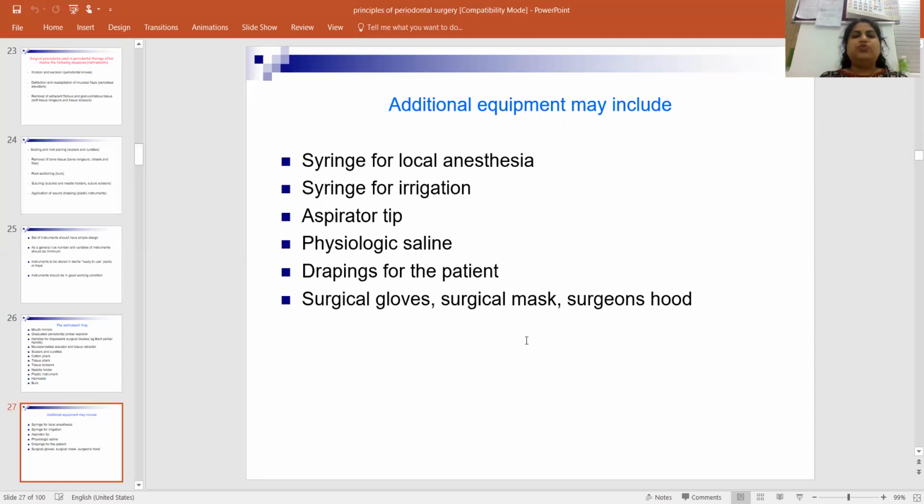Additional equipment may include syringe for local anesthesia, syringe for irrigation, aspirator tip, physiologic saline, draping for the patient, surgical gloves, surgical mask, and surgeon's hood.